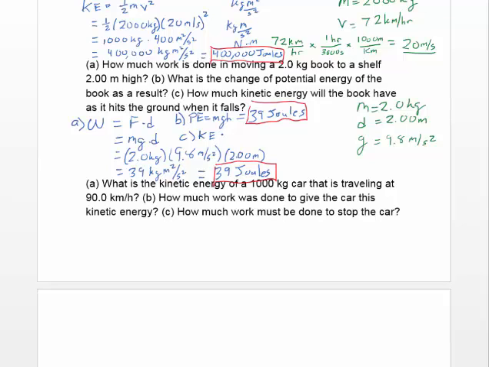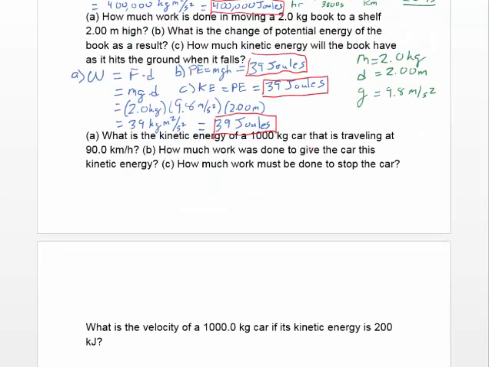The kinetic energy just before it hits the ground is equal to the potential energy that it had when it was on the shelf. So we know that those two are equal, and therefore it's 39 joules again. So what might have looked like a much longer problem ended up being relatively simple because you could summarize a couple of the pieces together.